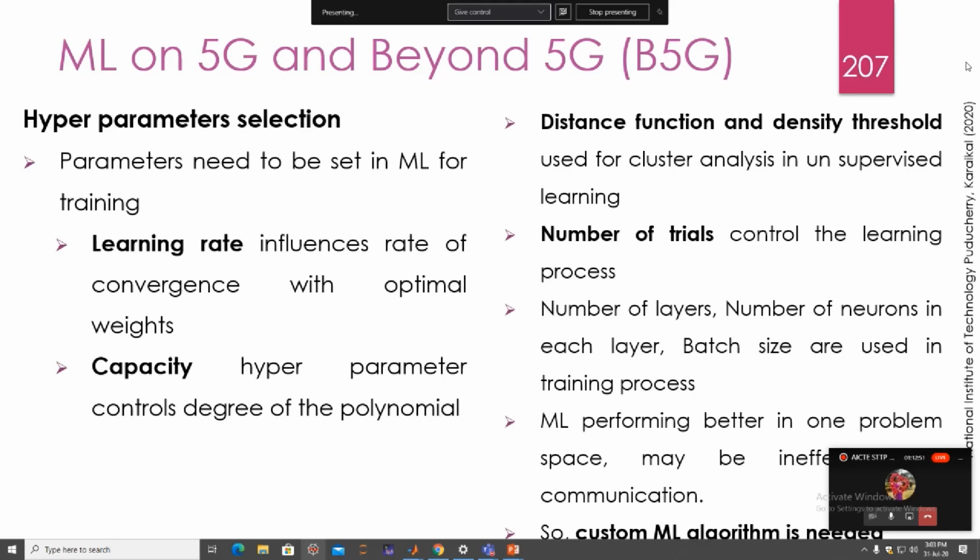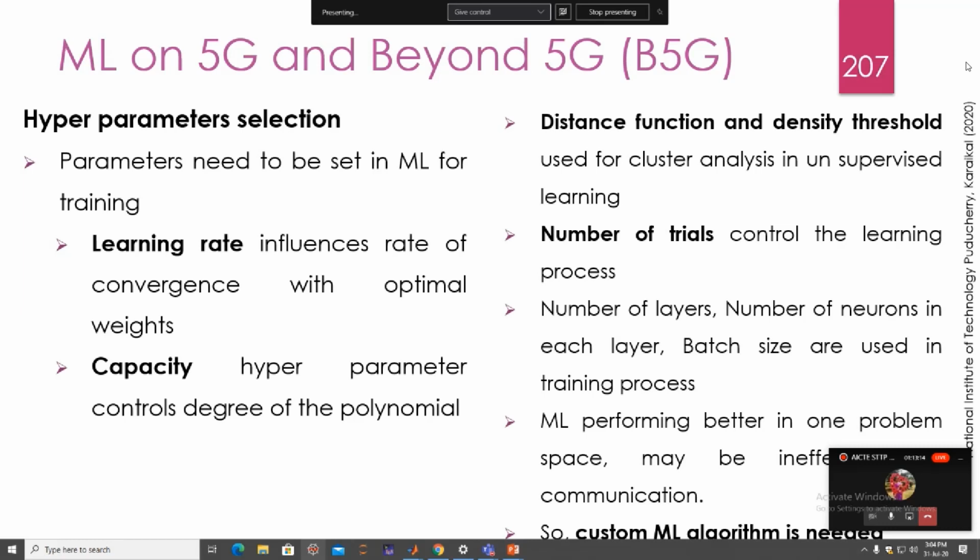Then next is the distance function and density threshold, used for cluster analysis. What is the distance function? Basically, whenever your data samples or data points are to be clustered, the cluster distance should be suitably decided. How will we decide it? That is another challenge. What will be the distance between the clusters?